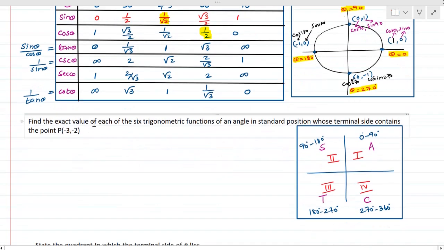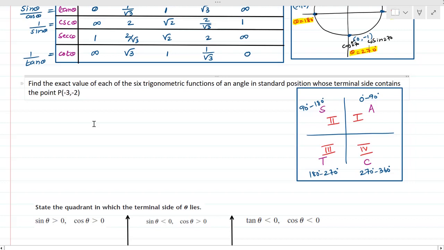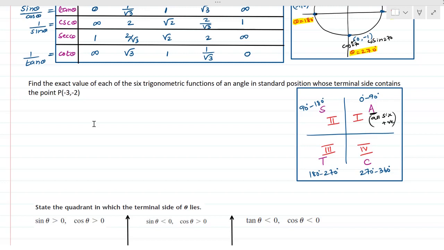Now the first problem we have here: find the exact value of the six trigonometric functions using the signs. Depending upon the quadrant, the signs will change. In the first quadrant, all six trigonometric functions are positive.